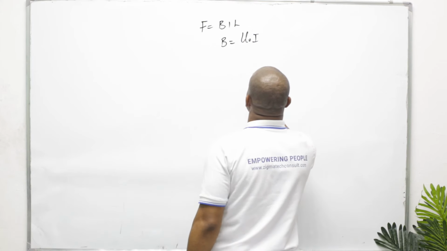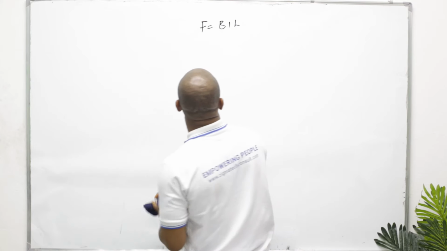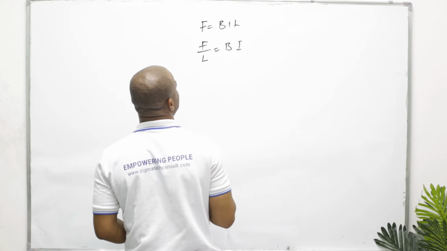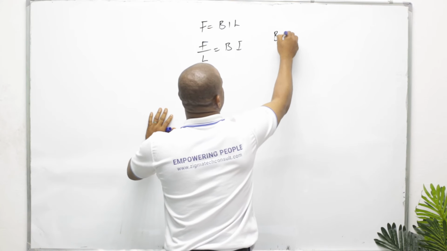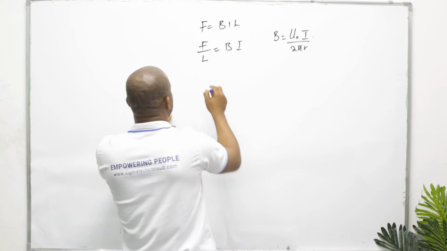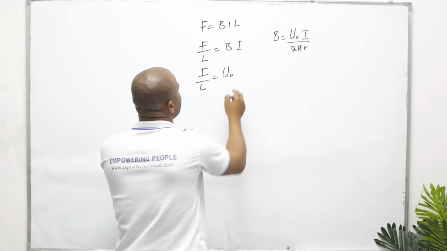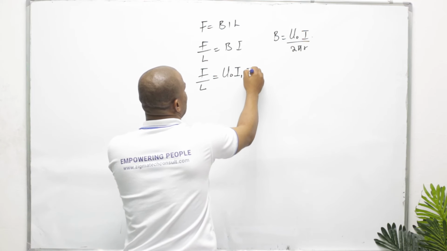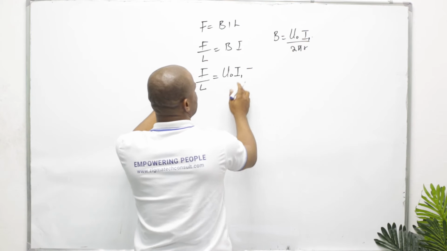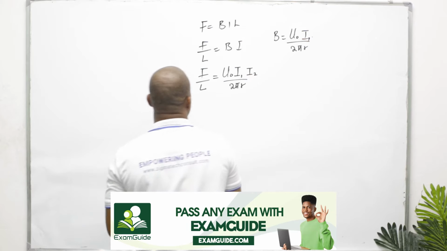So I am going to put it this way: F all over L is equal to BI, whereby B, that is the field, is of course mu naught I over 2 pi R. So this is F over L is equal to mu naught, the constant, multiplied by the current I1, and because this one is a different current, I2, all over 2 pi R. So this is the formula that will help us do this.